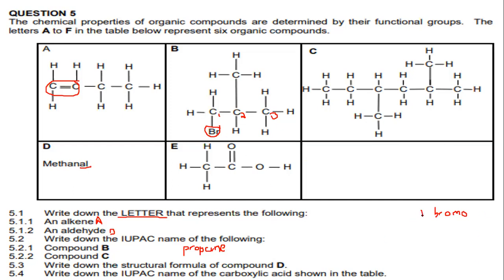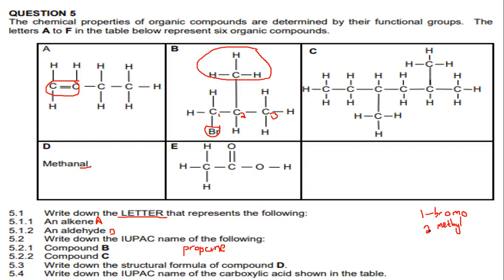So in other words, this is a 1 Bromo. Then I can see that this one, I did not count it in the parent chain. So it is a substituent, and it's a substituent with 1 carbon. So it is a methyl. You will remember that. And I can see that my methyl is on carbon number 2.